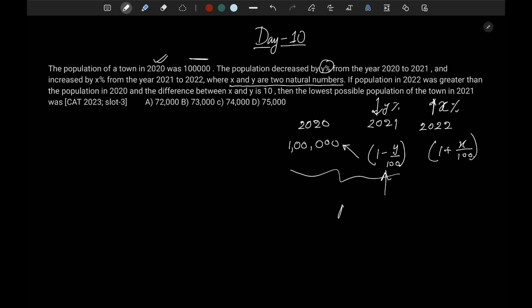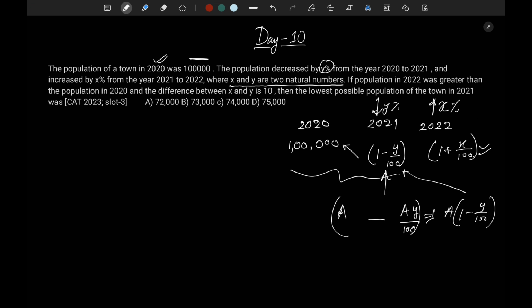Suppose we have a population of A and in the next year it went down by y%. So y% of A is A into y by 100, and the population now is A minus this. When you take A common, this becomes A into 1 minus y by 100. So that's why this multiplication factor, and when it went up by x, then this multiplication factor.